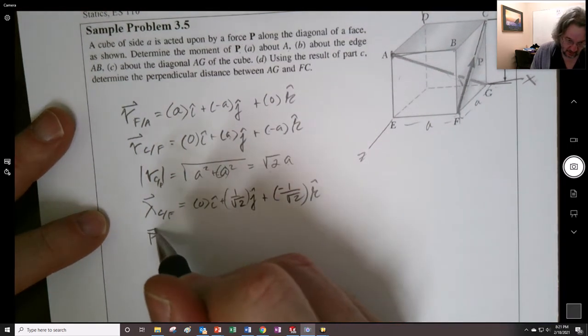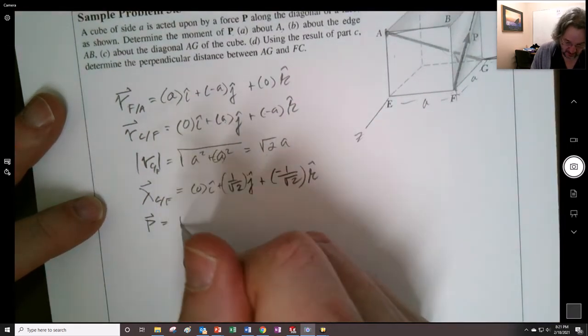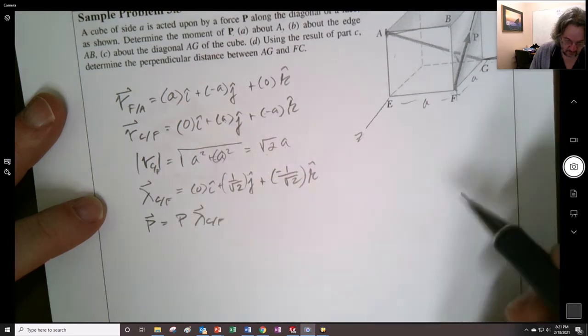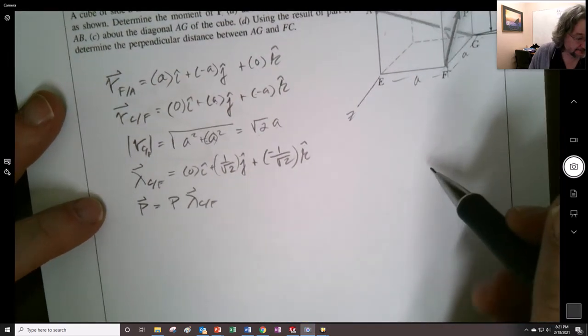And so when we want to write out the vector P, it's going to be magnitude times that right there.